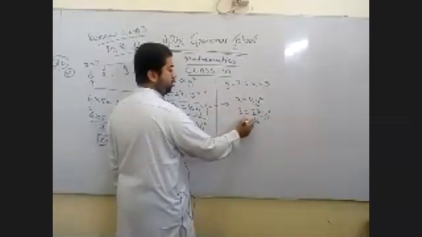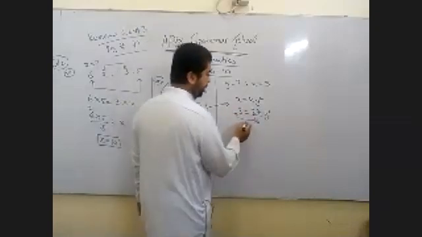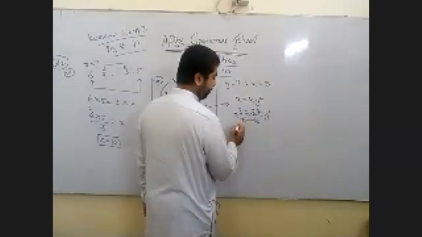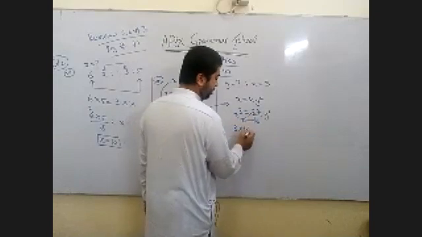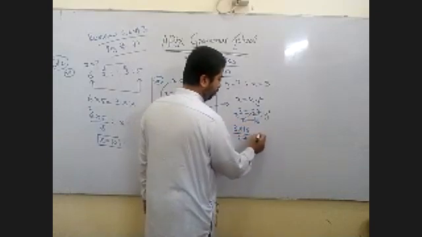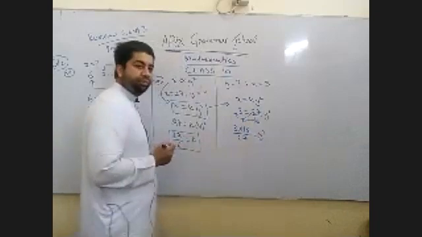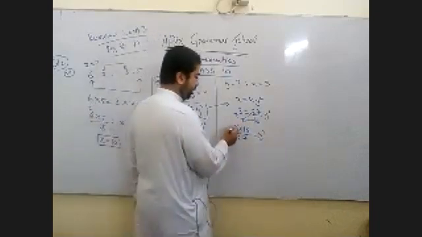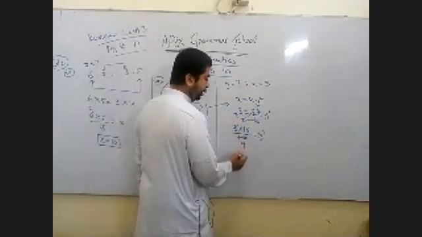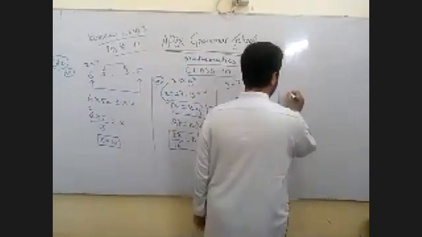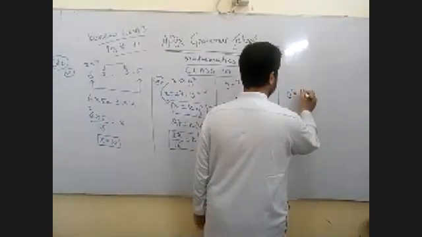This 16 will multiply there and this 27 will divide here. So we can say that 3 multiplied by 16 divided by 27 is equal to y square. So 3 1s are 3, 3 9s are 27. So you are left with y square is equal to 16 over 9.